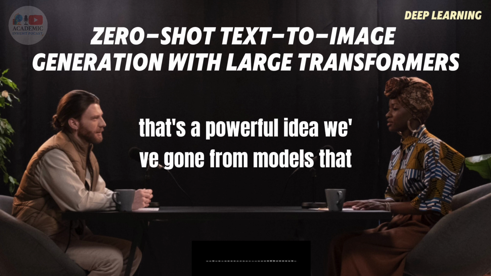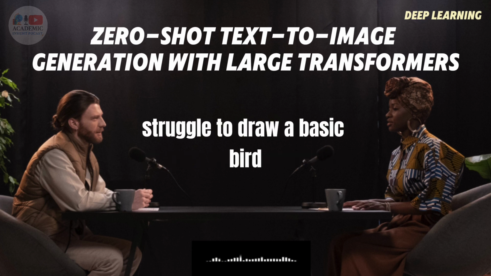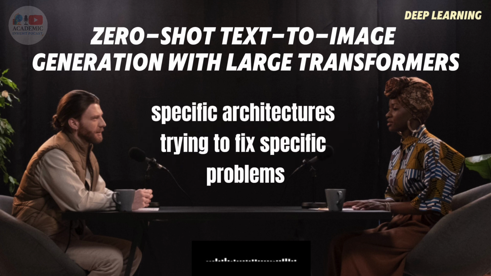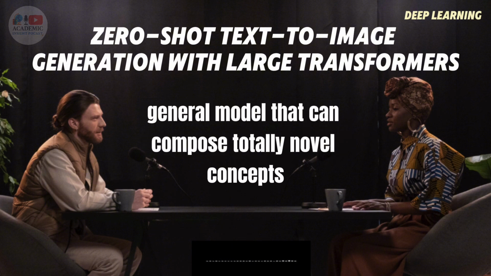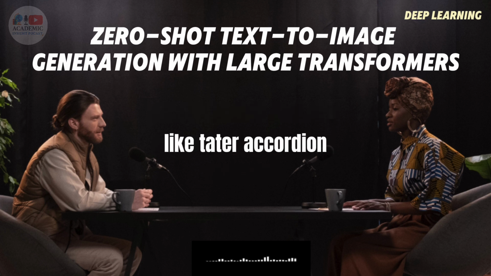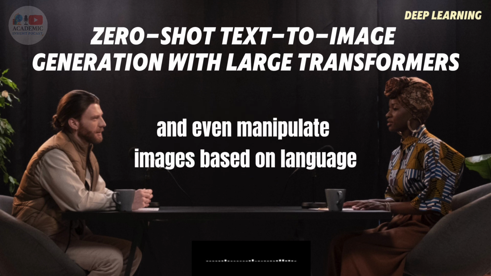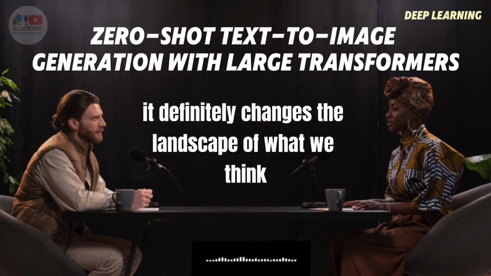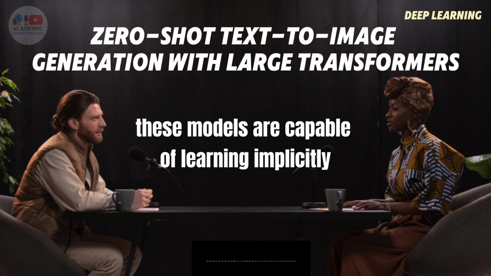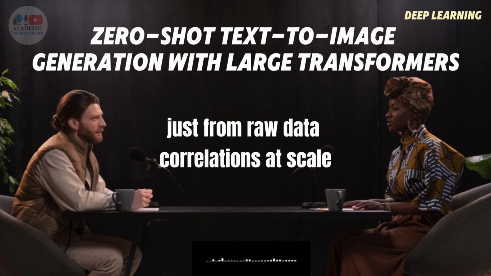We've gone from models that struggle to draw a basic bird, through all these complex specific architectures trying to fix specific problems, to now seeing a massive general model that can compose totally novel concepts like tapir or accordion and even manipulate images based on language, all without specific training for those tasks. It's kind of mind-bending. It definitely changes the landscape of what we think these models are capable of learning implicitly just from raw data correlations at scale.